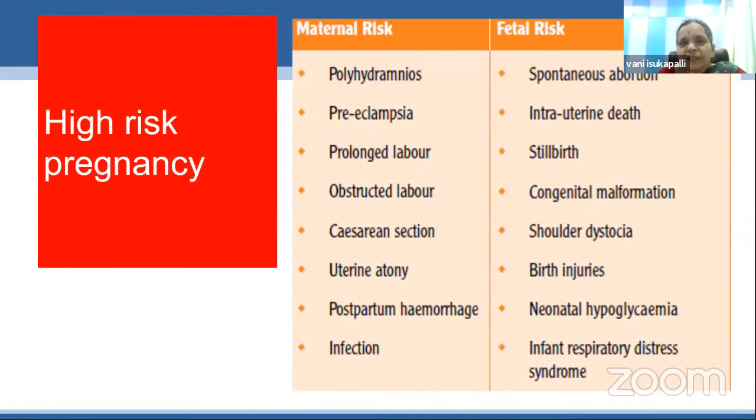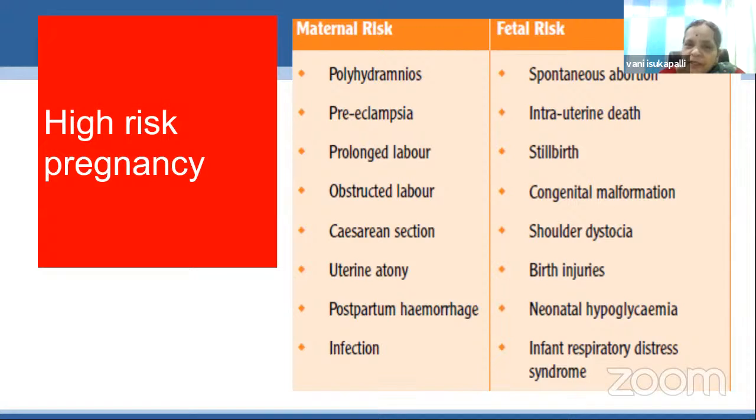I think all of you agree with me that it is a high-risk pregnancy. So having diabetes in pregnancy is definitely something high risk, for the mother and also for the fetus. For the mother, there are n number of complications that can happen, starting from polyhydramnios, more chance of preeclampsia, and in labor, the prolonged labor because of a large baby or an obstructed labor, a high incidence of cesarean sections.